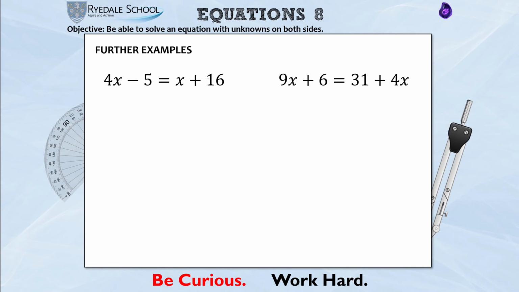So what is the first step? Well, I have an x and I have a 4x. So this is the side with the less x's on. So I'm going to subtract 1x from both sides.